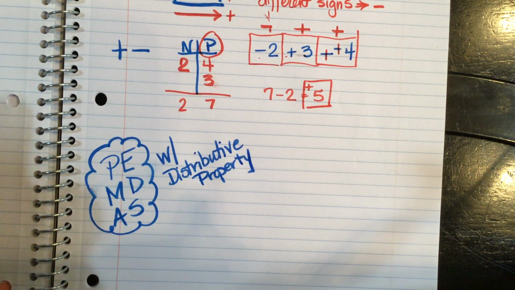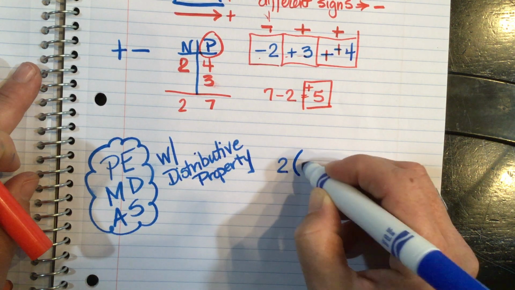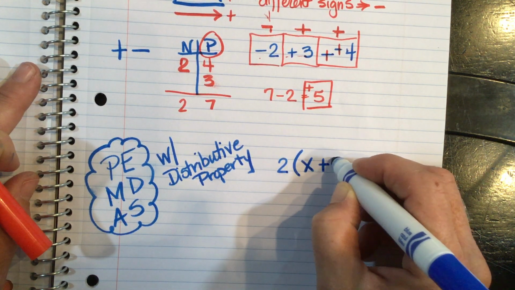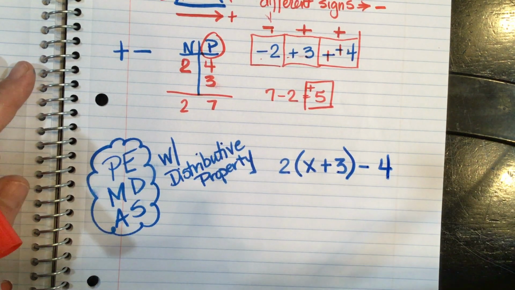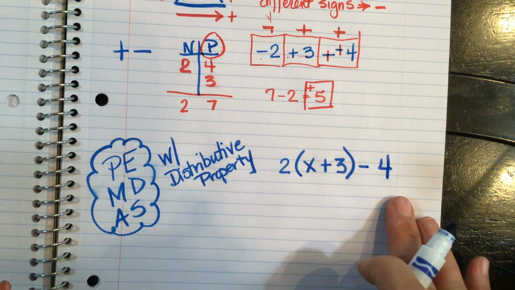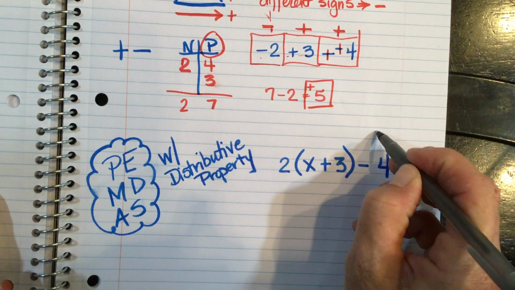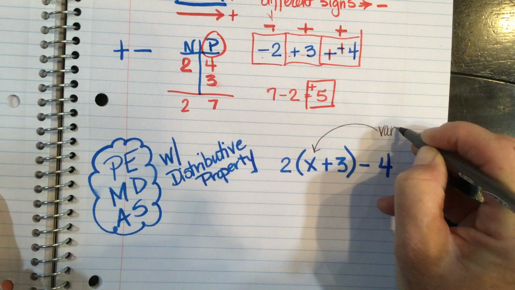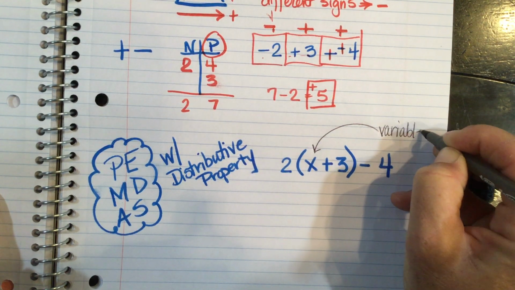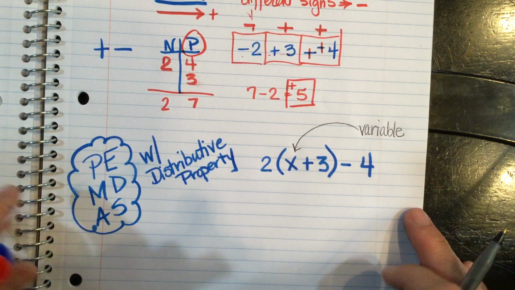What if I had the problem 2 times x plus 3, minus 4? Okay? Now already I have introduced a variable. Okay, and I'm starting to give you a little bit of vocabulary. That is a variable. Can my variables change? Absolutely. It can be an x, it can be a y, it can be a z. Okay?